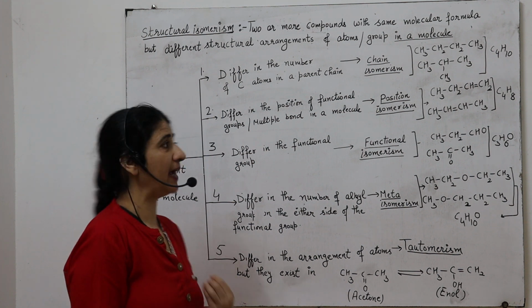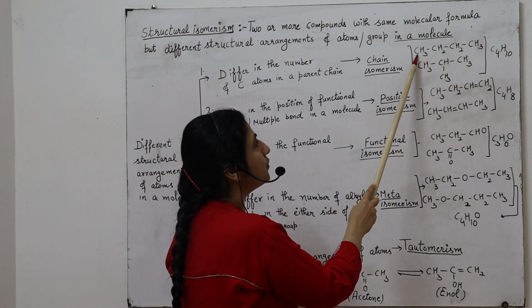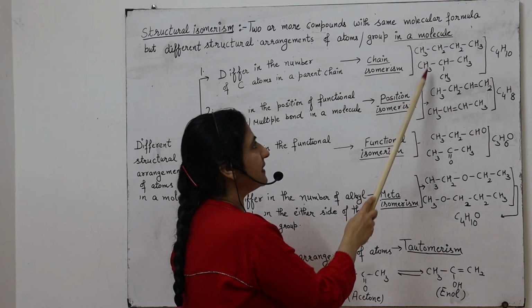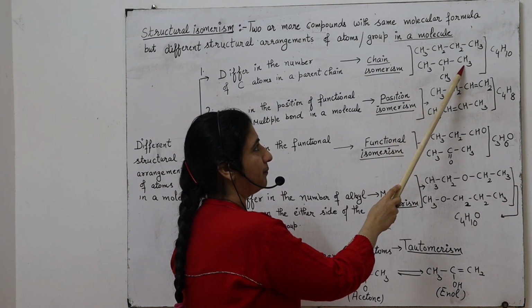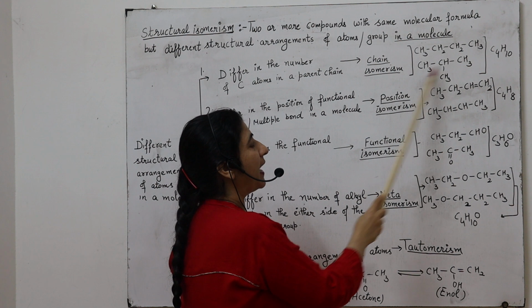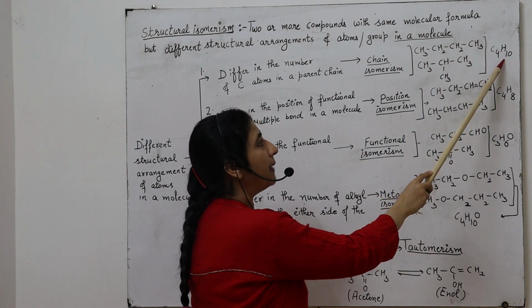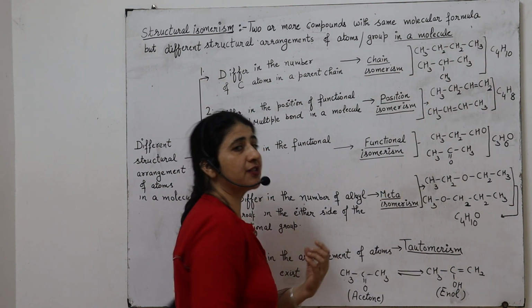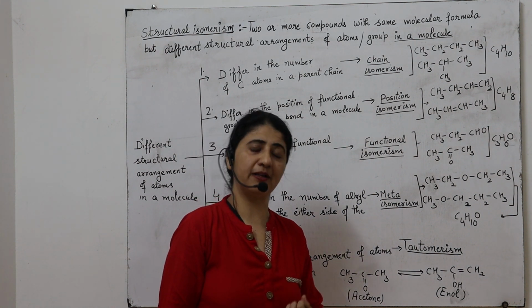To explain it, I am taking the example of butane. We have two compounds. The first compound is normal butane and the second compound is 2-methyl propane. These two compounds have the same molecular formula, that is C4H10, but they have a different structural arrangement. Due to the difference in structural arrangement, they show different physical and chemical properties.